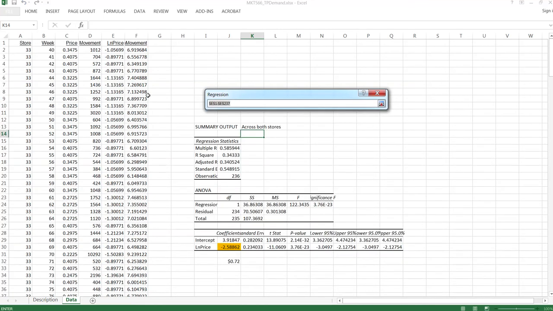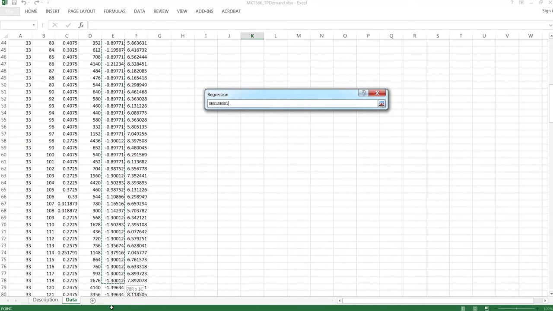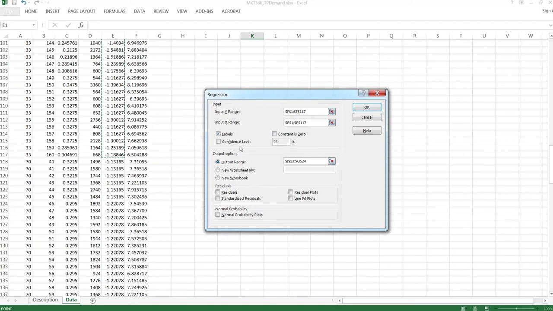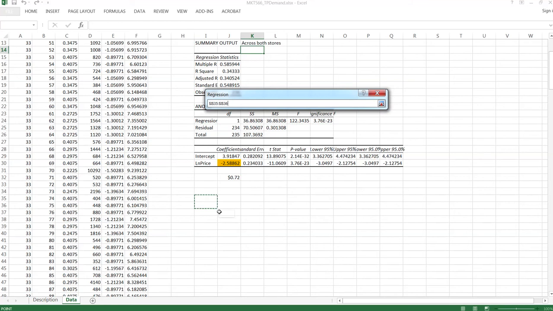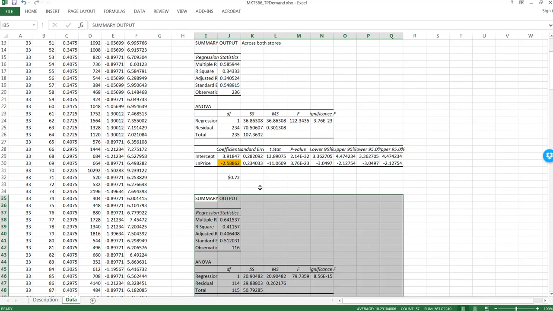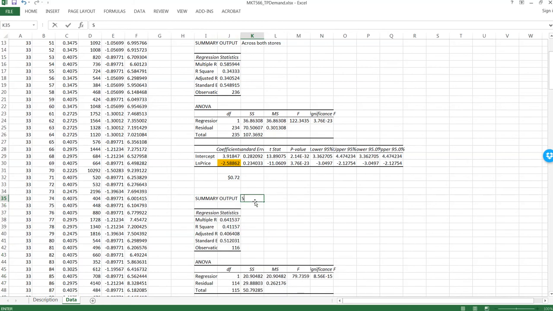Similarly, our x variable, as we only have one, is log price, and we bring it to store 33 only. Make sure labels is included. Our output range now will be just below what we had with the two store case. And run. We'll call this summary output store 33 only.